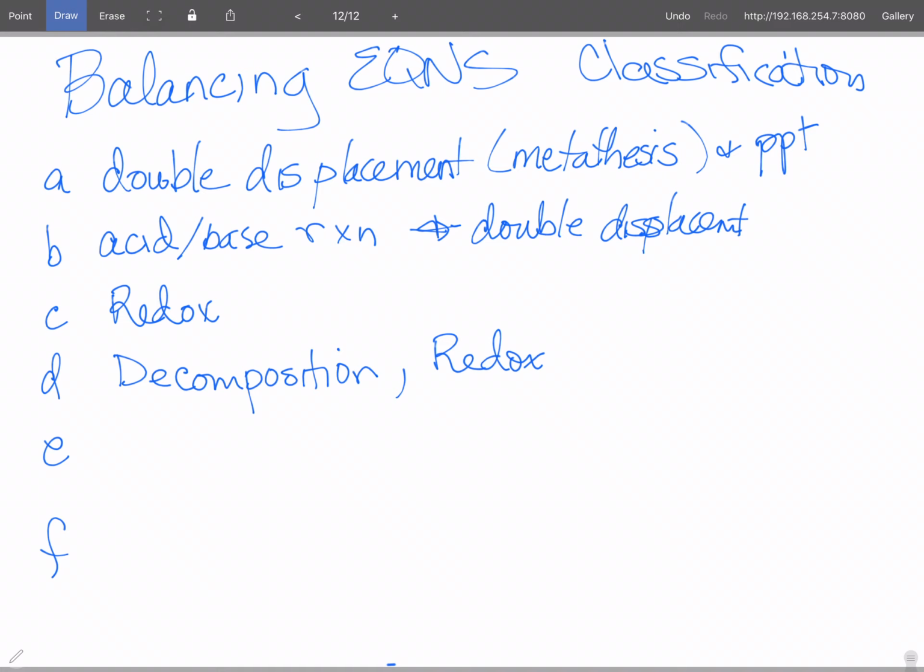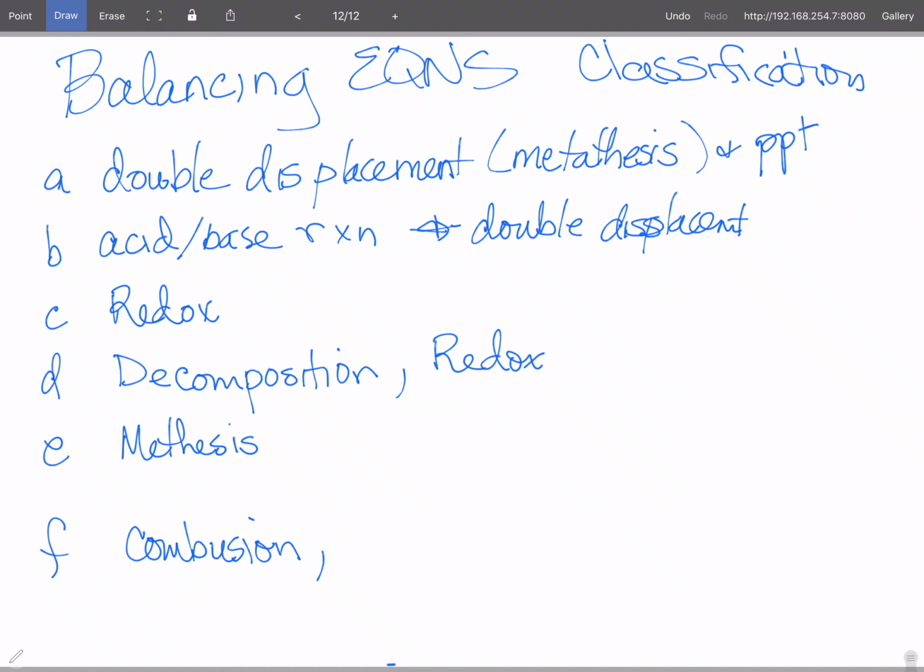E, you're doing a metathesis or a double displacement. And that actually should produce a solid, so it should be a precipitation reaction, but I didn't write one, so we're good there. F is a combustion because you added oxygen and you got CO2 and water.